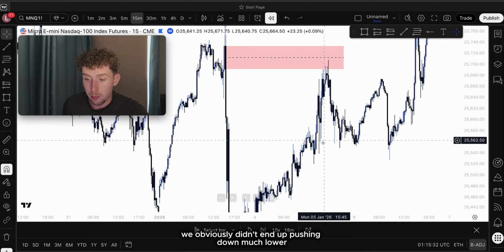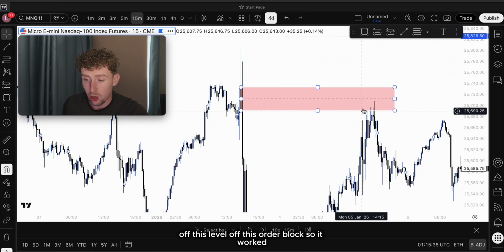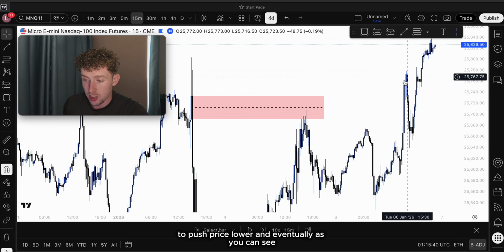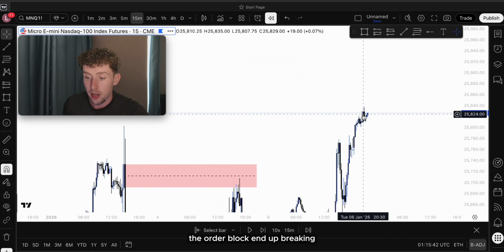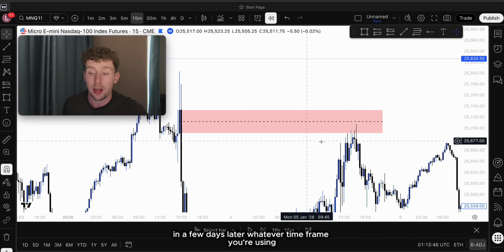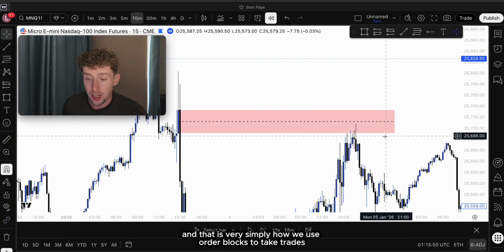We obviously didn't end up pushing down much lower, but we still got a reaction off this level, off this order block. So it worked to push price lower, and eventually, as you can see, the order block ended up breaking, and we end up going higher in the day or a few days later, whatever time frame you're using. And that is very simply how we use order blocks to take trades.